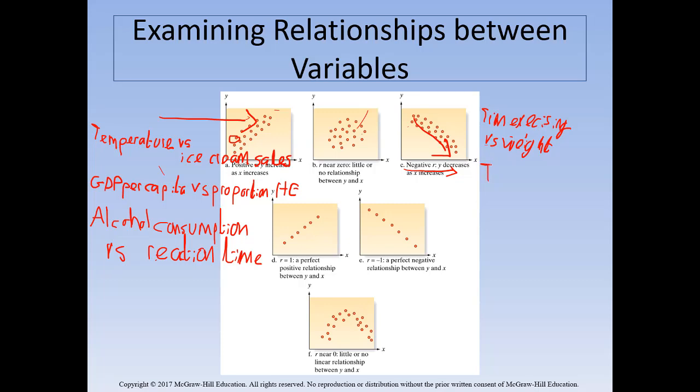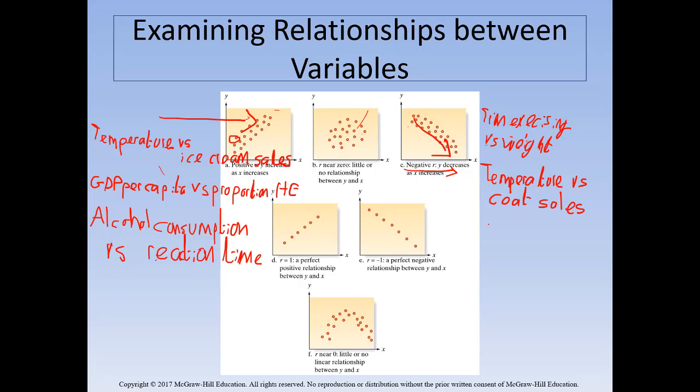Another thing, maybe temperature, to give an even example, versus coat sales. So as temperature gets higher, we're going to sell fewer coats. So that's an opposite example.